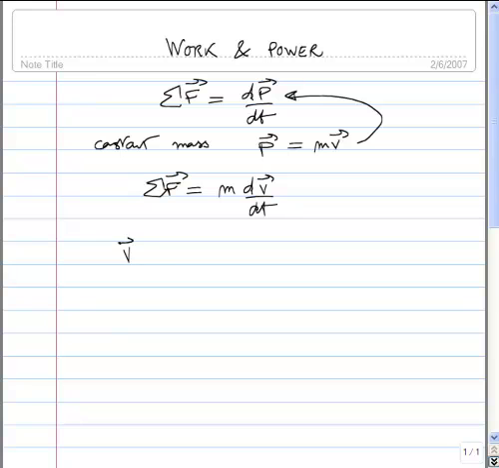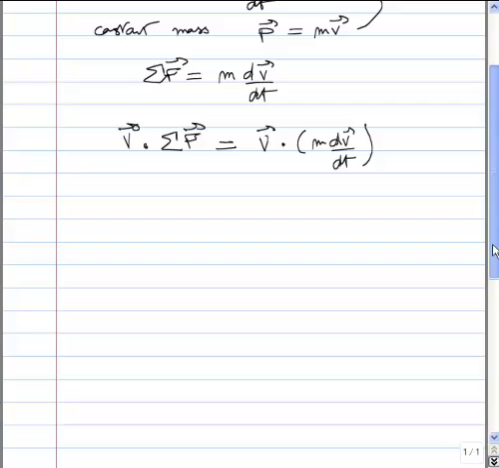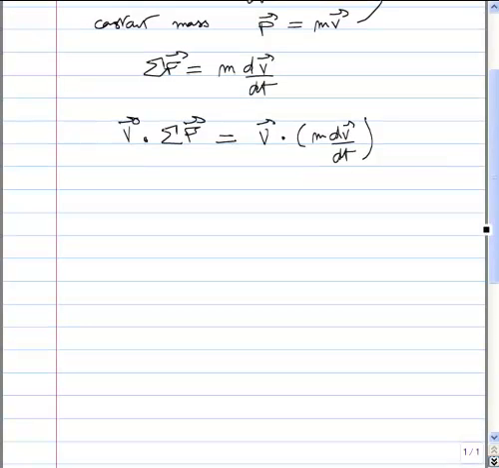So velocity dot sum of the forces is equal to velocity dot m dv/dt. Now remember that the velocity can commute with the sum because they have nothing to do with each other.